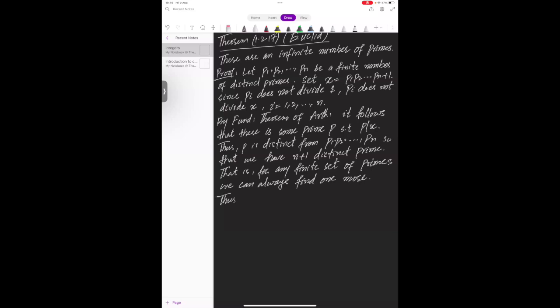Thus, there must be an infinite number of primes.